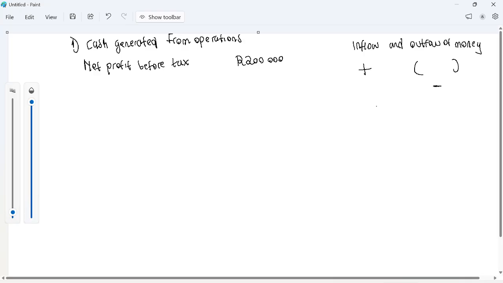Like for example, we have something called depreciation. Depreciation is just an amount calculated on our assets, or we can say it's the reduction of the value of our assets. And then we also have interest expense. These are our non-cash items, so we're trying to remove them from the net profit before tax.